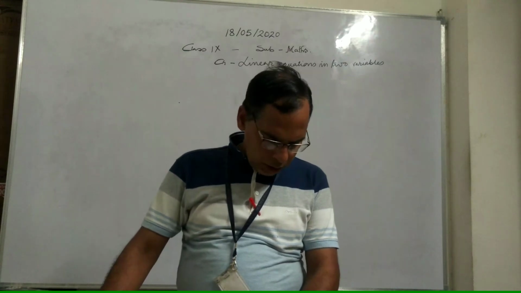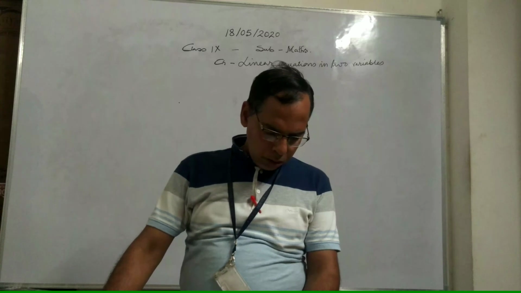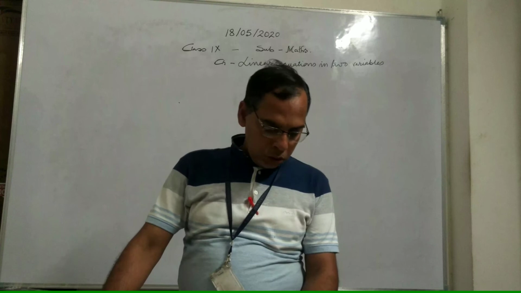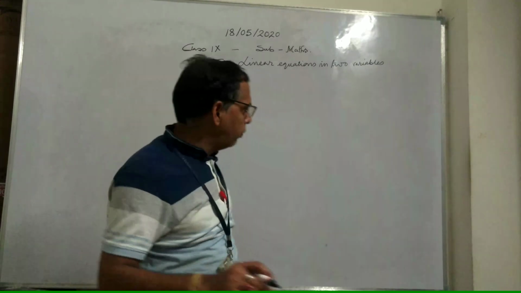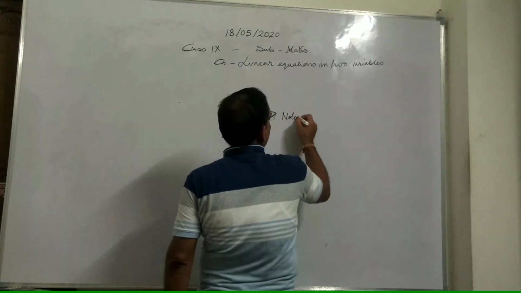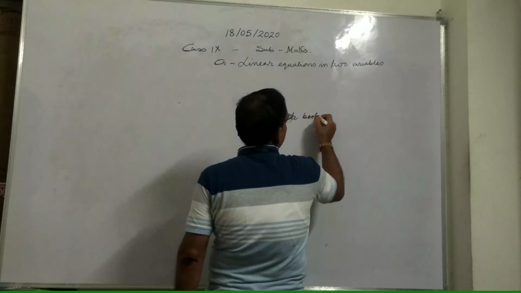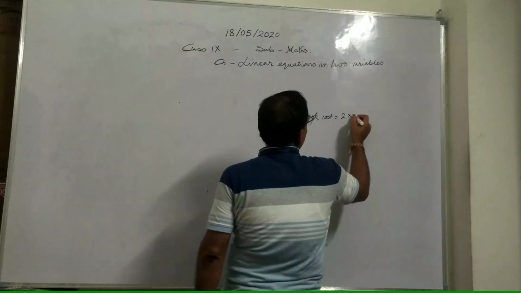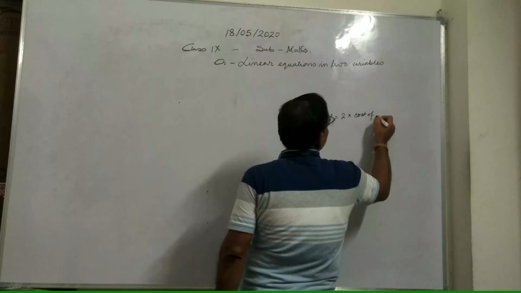Write a linear equation in two variables and take the cost of a notebook to be rupees x and a pen to be y. So what is given? The cost of a notebook equals 2 times the cost of a pen.